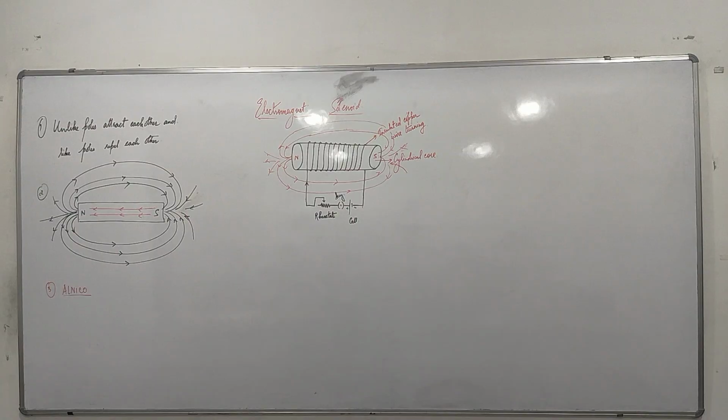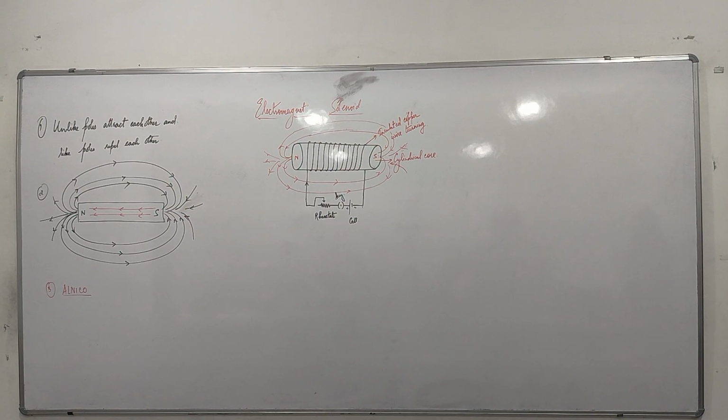Your wire is where, and what is the direction of the current? Now if you alter the direction of electric current, the polarity of the magnetic field in the wire will also change, remember.